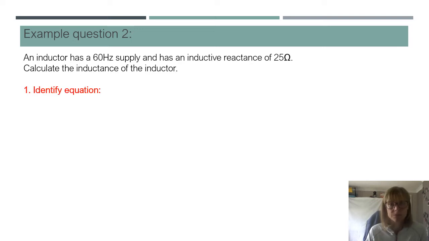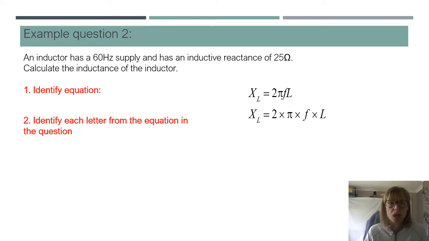Step 1, identify the equation. Same equation again. It's talking about inductive reactance and inductor. Step 2, identify each letter from the equation in the question. So here we've got our F is 60.